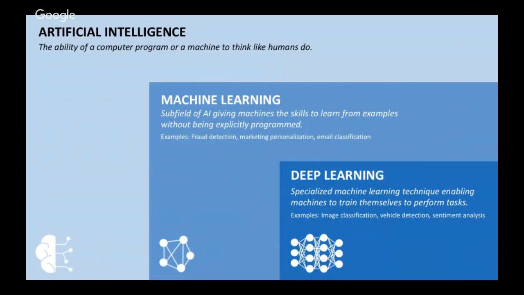Deep learning is a sub-branch as well of machine learning. So the machine started to learn from no knowledge. Let's say we give it a basket of fruits.